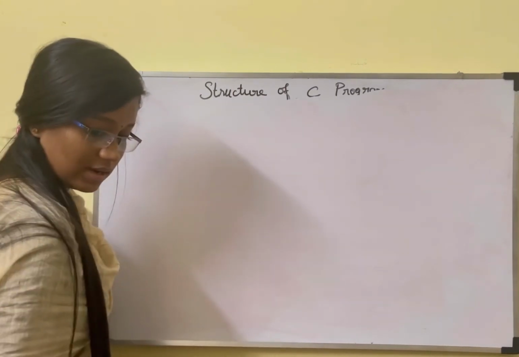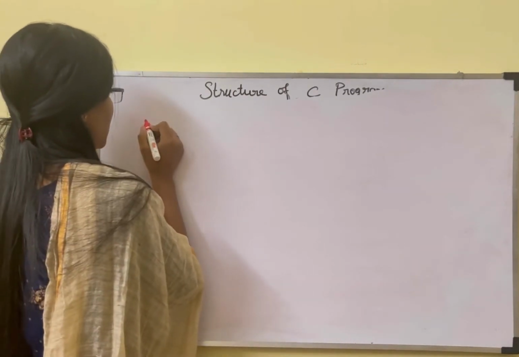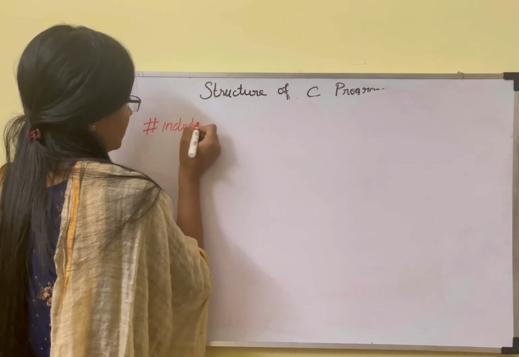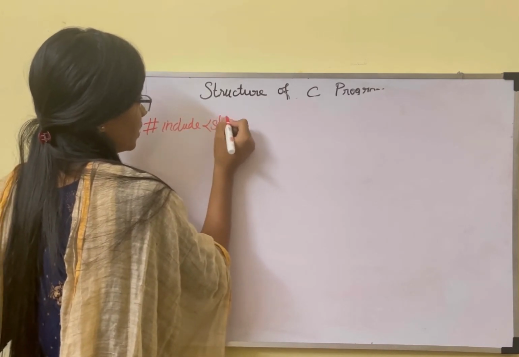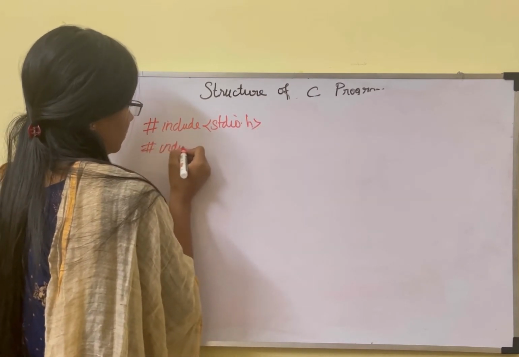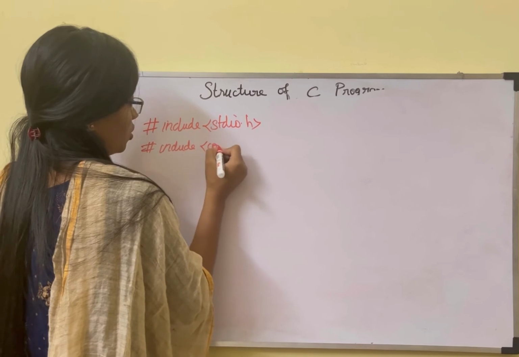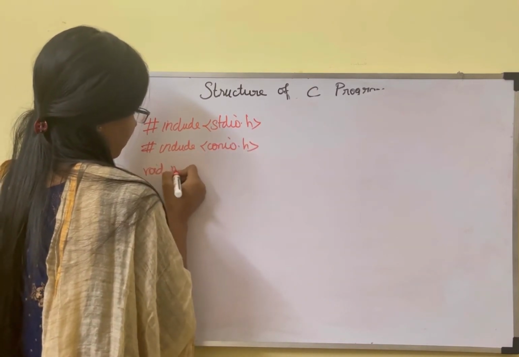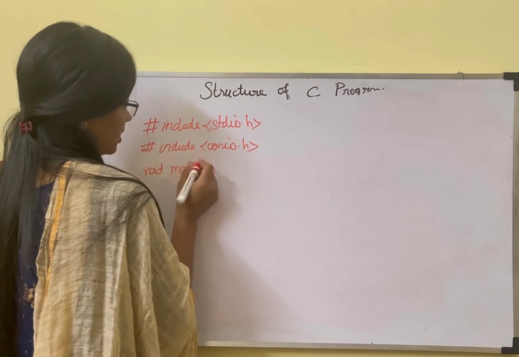Okay, now let's write a simple C program. I do not need the documentation section, so I will start from the header file. As include stdio.h, as include conio.h, void main. It is the main function.